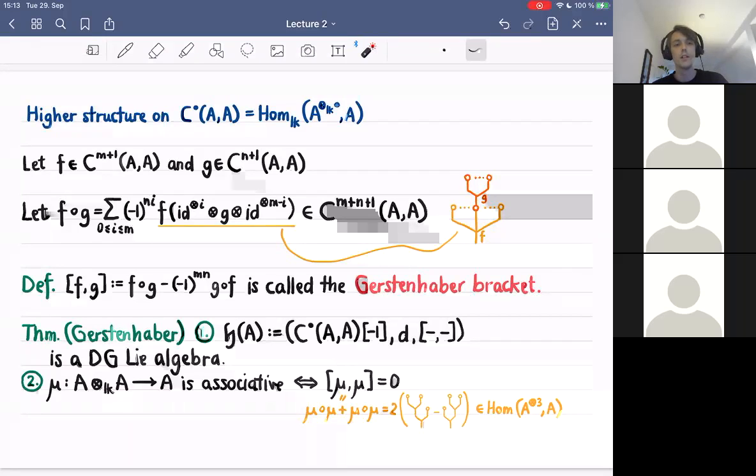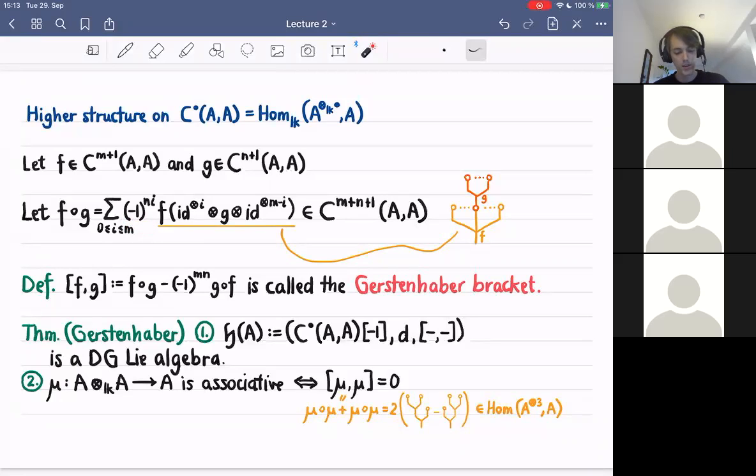If you have multilinear maps F and G that have m+1 and n+1 inputs, then you can define this Gerstenhaber circle product F circle G by inserting the output of G. So you do G first and then insert the output into all the possible inputs, and then you sum over those with a sign. So there's a sign here.